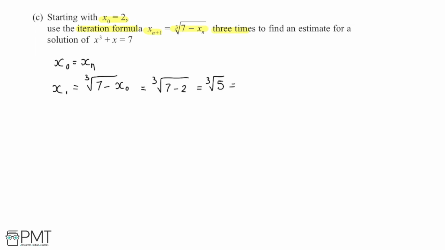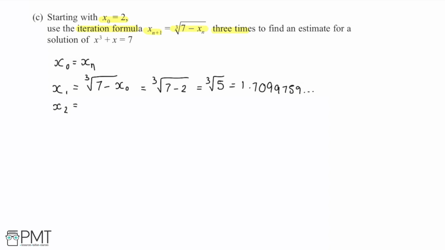And if you put that into your calculator, that's going to give you an answer of 1.709975, etc. And it's really important to use the exact value throughout this question to then substitute into the next part to make sure we don't get any rounding errors throughout the question. We can then go on to find x2.